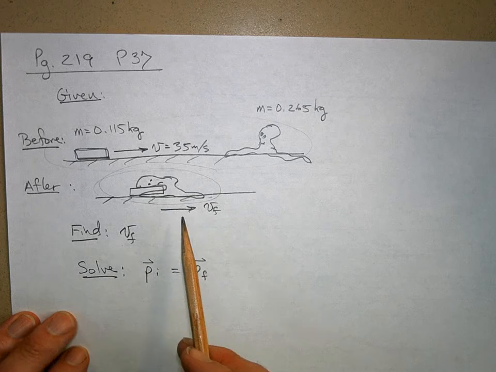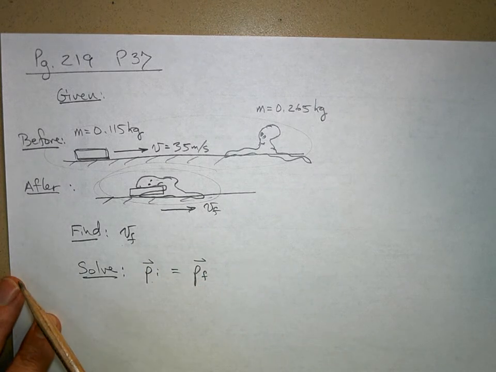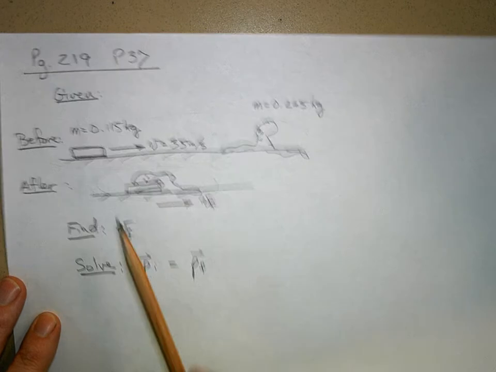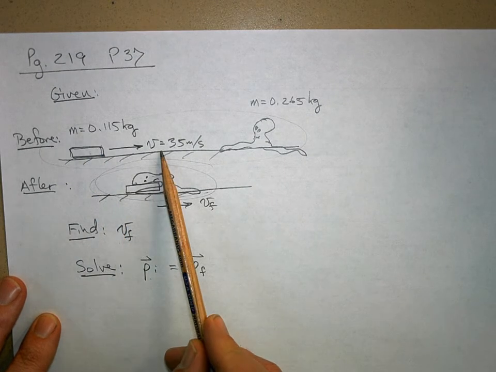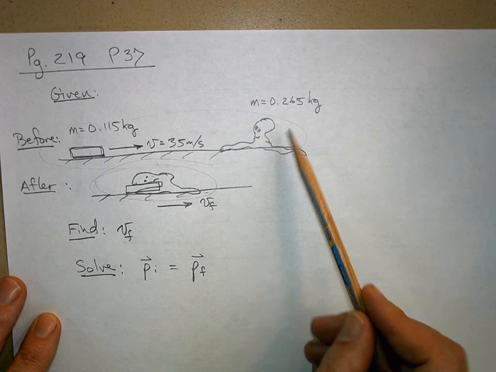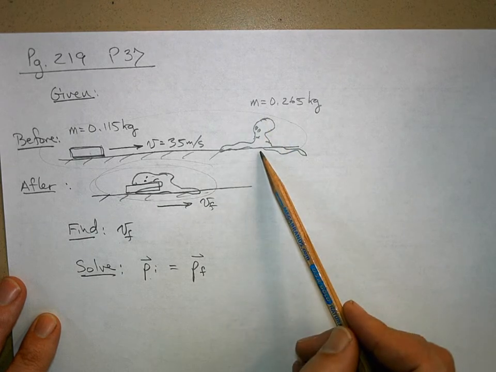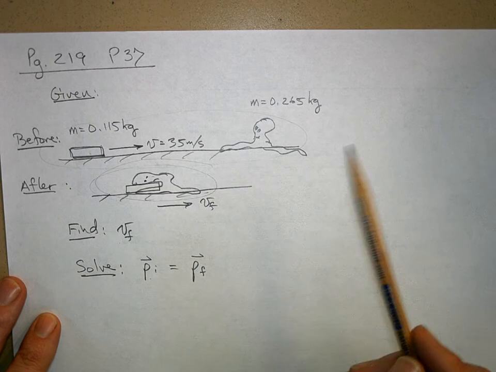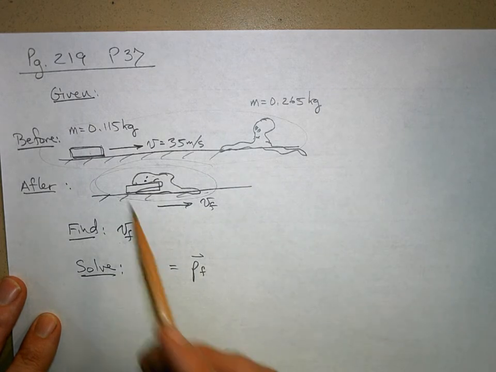And so, what is the initial momentum of my system? I look at my before picture, and the hockey puck has momentum, it has mass, and it's moving, but the octopus doesn't. It has mass, but it's not moving. And momentum is the product of mass and velocity. So all the initial momentum is in the puck.